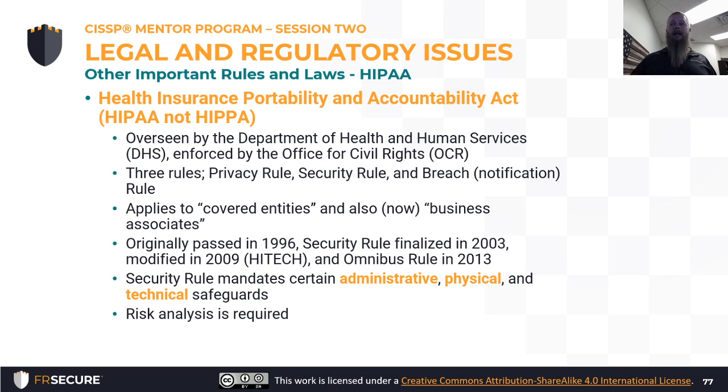It also mandates a risk analysis. Those things are requirements in HIPAA. A lot of times people say, well, we're HIPAA compliant. That's not the way HIPAA works. There's no certification to become HIPAA compliant, not overall with HIPAA. There are things within it, but anyway, that's HIPAA.